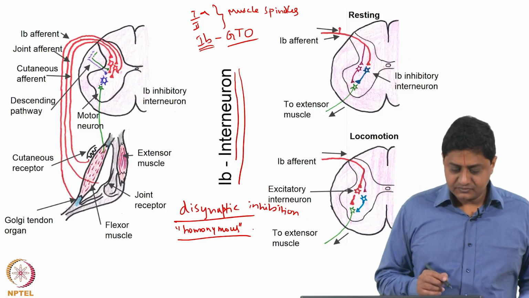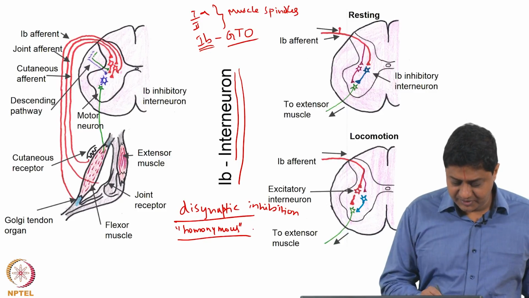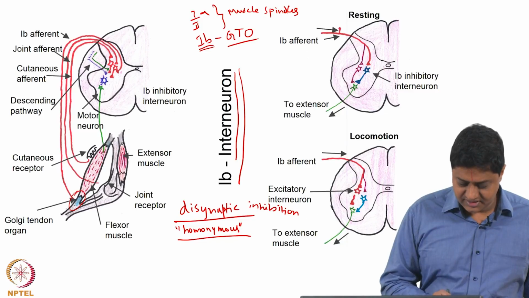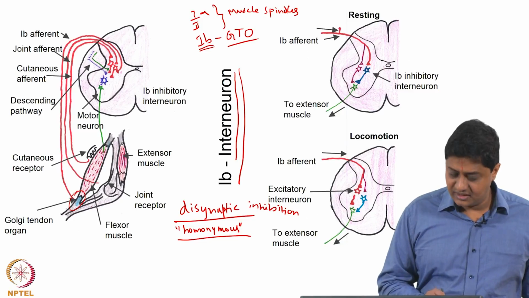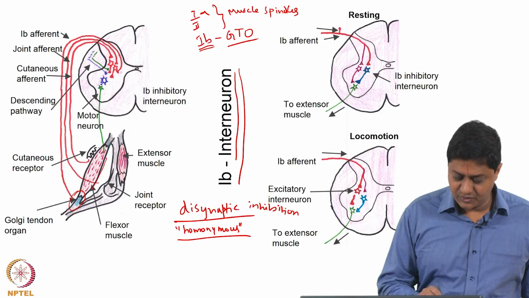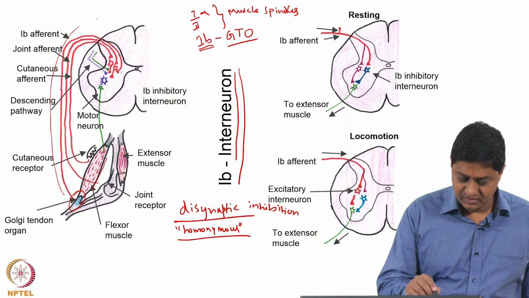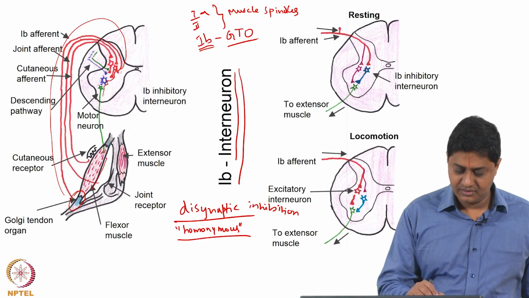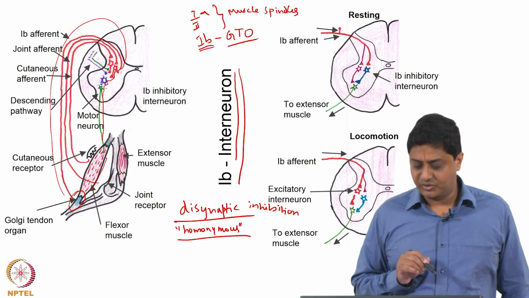Okay. So, here is the example. There is the Golgi tendon organ here that is detecting the contraction of this muscle. So, you want to relax this muscle. That is achieved through an interneuron that is inhibiting this, and the alpha motor neuron is inhibited.